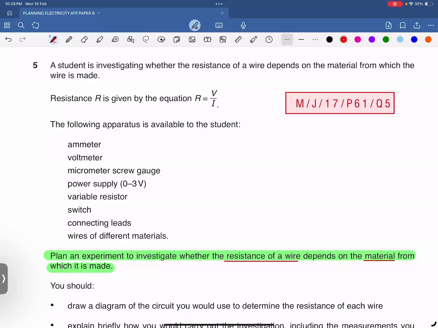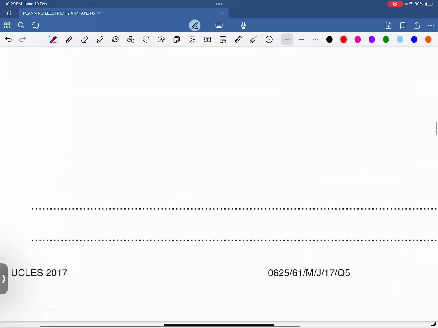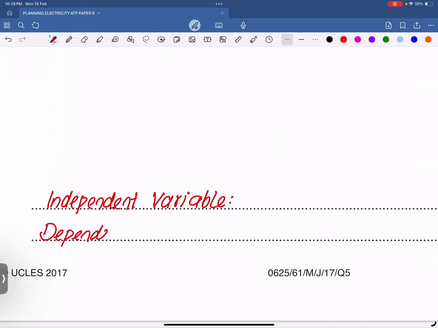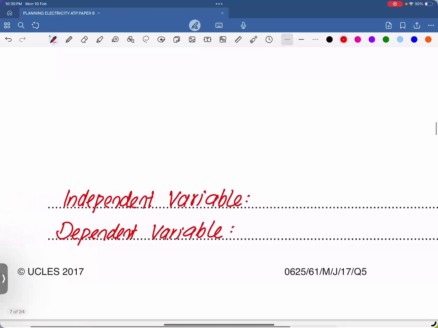Before you go ahead or do anything, please make two tabs and define the problem by writing the independent variable and dependent variable. This is actually a requirement from Cambridge.